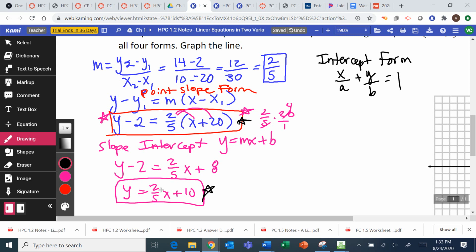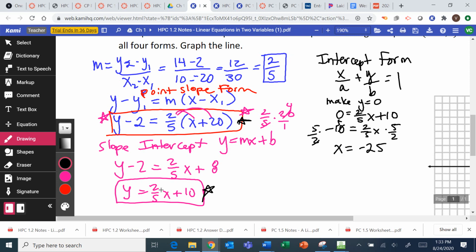How do we find an x-intercept? Make y 0. So how about we do that with slope-intercept form here? So we're going to make y 0. So 0 equals 2/5 x plus 10, and then just solve. And I got negative 25.